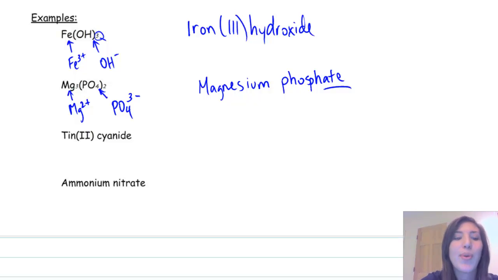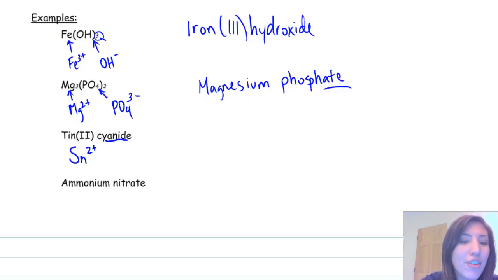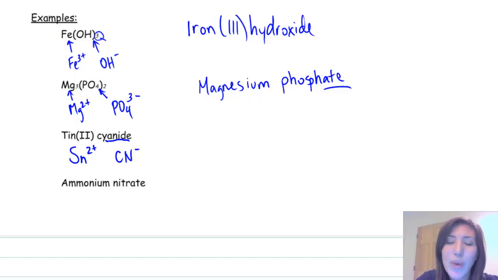Okay, let's try the opposite way. Tin 2. Well, tin, the symbol for that is Sn, and if it's 2, then it's 2 plus because it's a multivalent metal. And cyanide, now that at first looks like it probably could be in the periodic table, but it's not. It's a polyatomic ion, and we can find that in our data booklet. The easiest way to know whether you should look through the whole periodic table or not is to really get familiar with your data booklet.